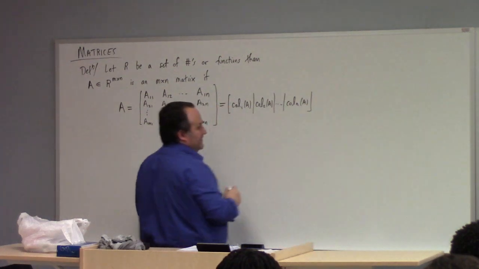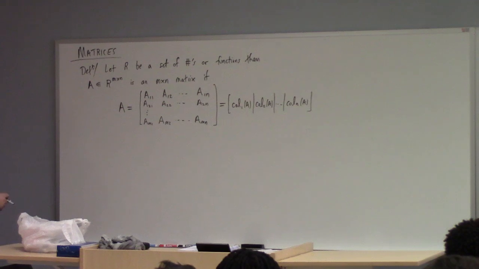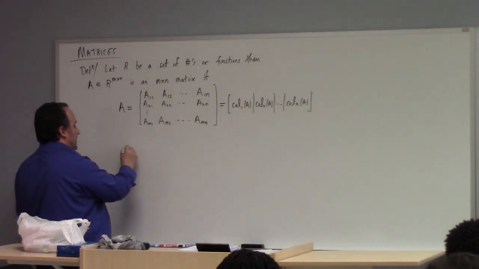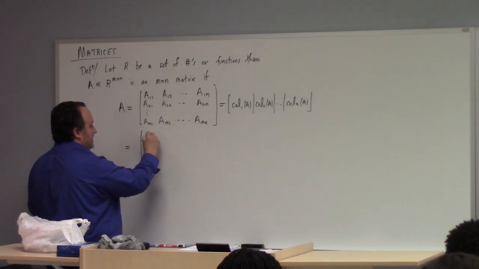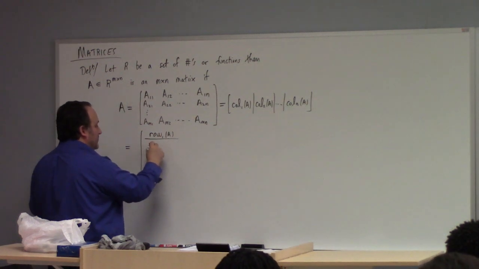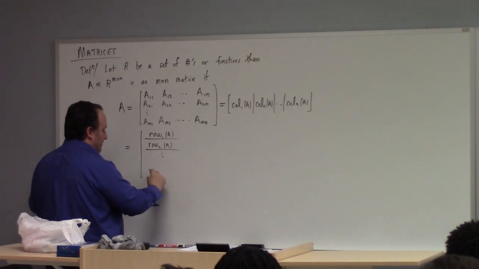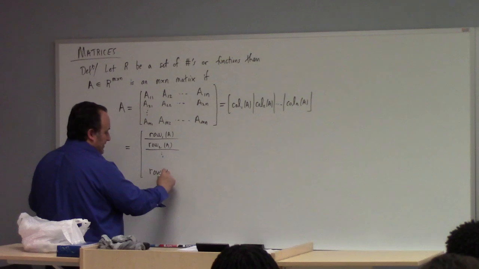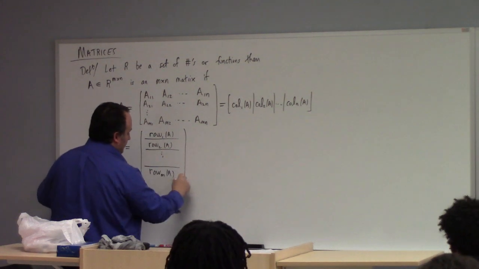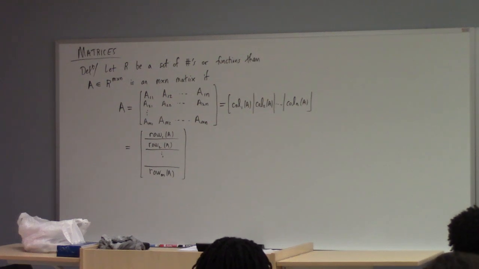It's n column vectors glued together. The other way we could look at it is a stack of row vectors. You've got row 1, you've got row 2, you've got row m of A, like that, all right? So this is a matrix. A matrix is an array.